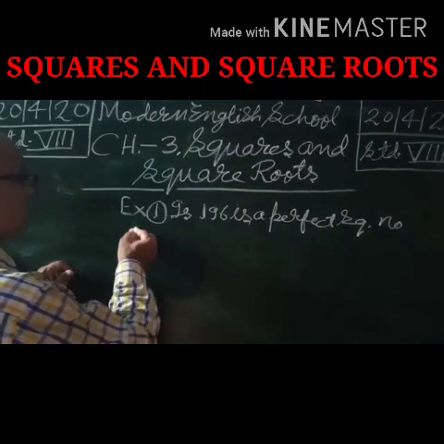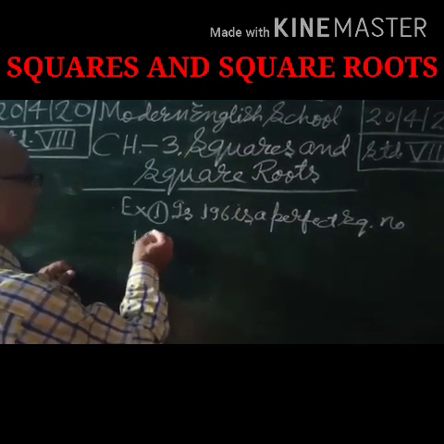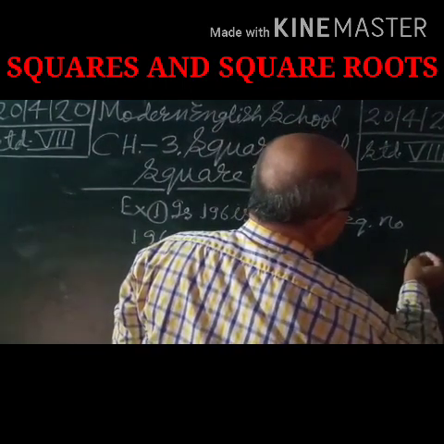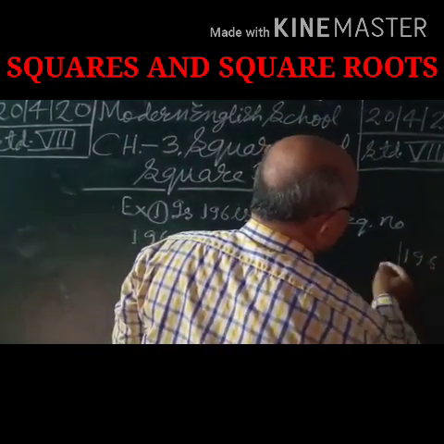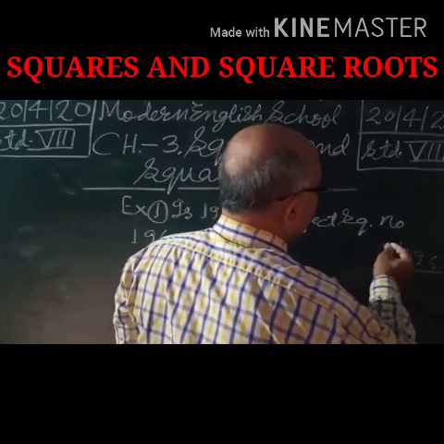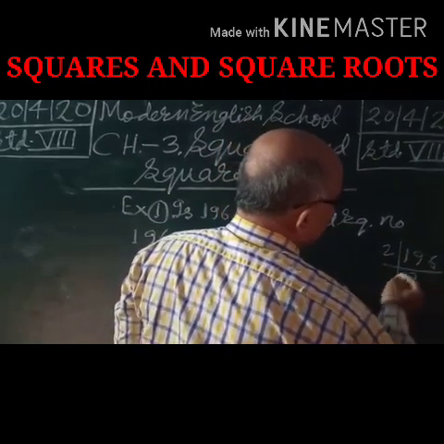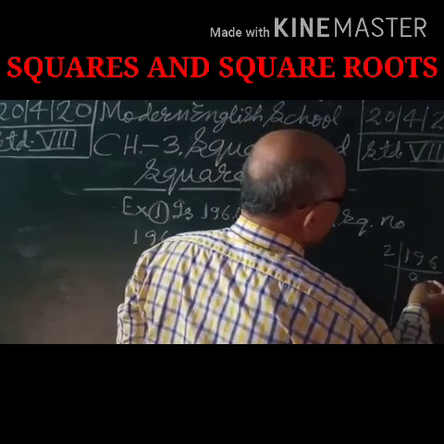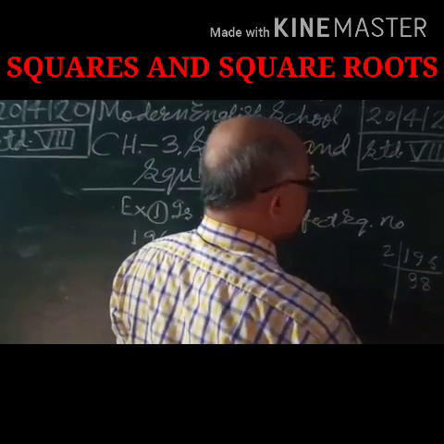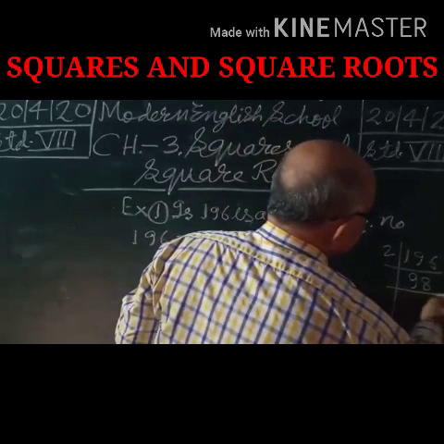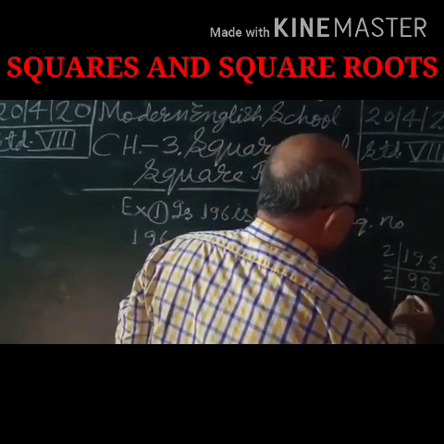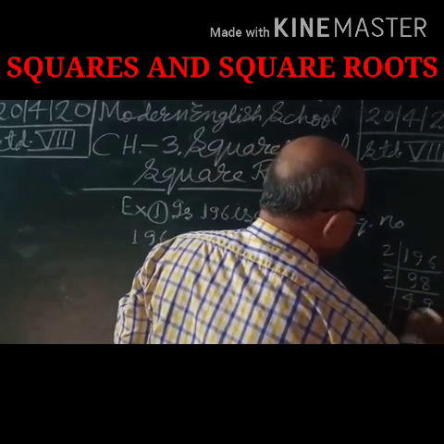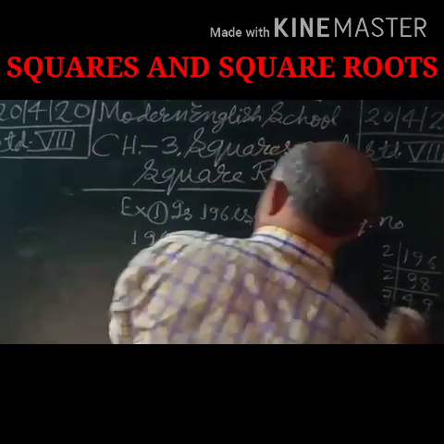So first find the prime factors of 196. 196 is divisible by 2, 2 nines are 18, 2 eights are 16, again 2, 2 fours are 8, 2 nines are 18, 7 sevens are 49.